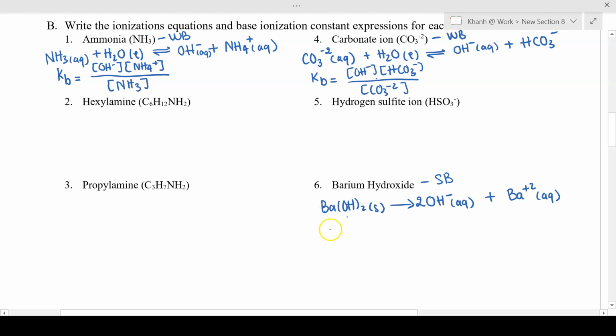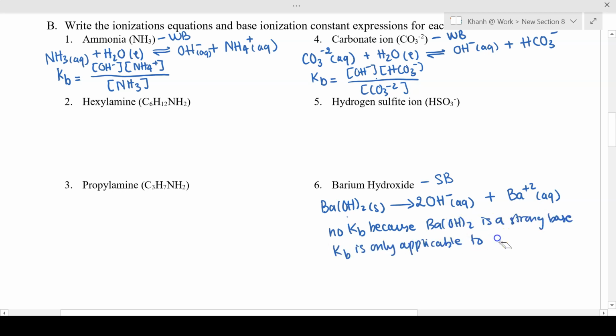So all I'm going to say here is no Kb, because barium hydroxide is a strong base. Kb is only applicable to weak bases. So there's no Kb there. Now go ahead and use these problems as a model for you to do number 2, 5, and 3.